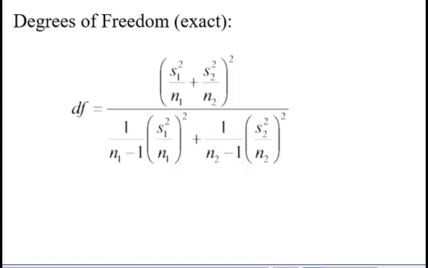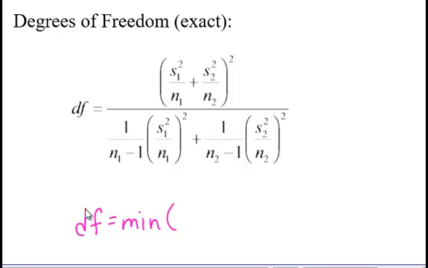If you use the calculator to get your t-value and the p-value, then you need to make sure that you write down the degrees of freedom that the calculator has calculated, because this is what it's using, and it's different if you use this number as opposed to the min value that I showed you earlier.